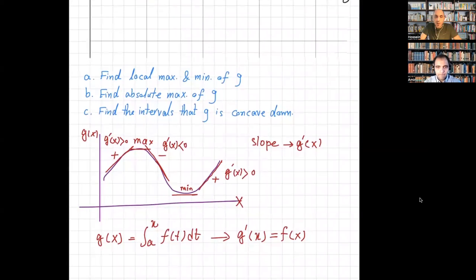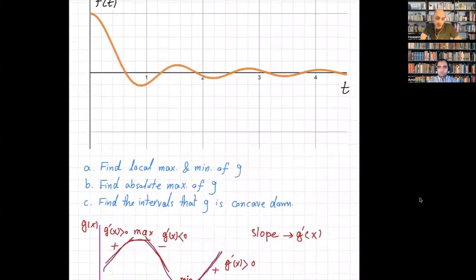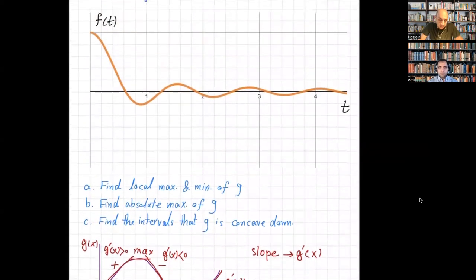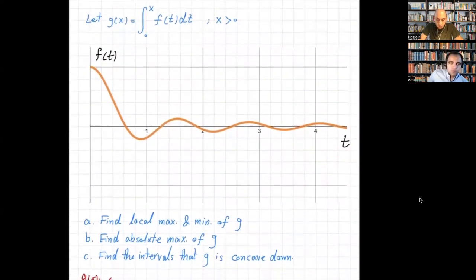And so knowing these two things, first, where the maximum and minimum happen, and second, the fundamental theorem of calculus, I think we can tackle the first part of the problem, the local max and min of g. So let me go back to the curve here. This f of t is actually g prime of x.